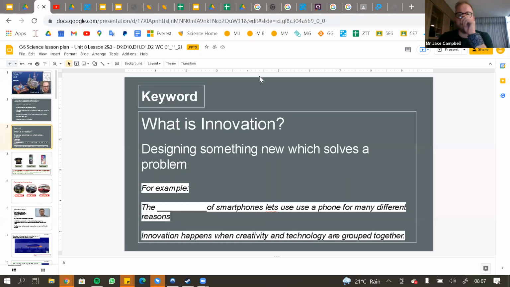Now, class, what we're going to do in today's lesson is we're going to look at an idea and do a bit of a case study. A case study is where we look at something someone is doing. So if you want a science case study, you can study Tesla, for example, and electric cars. You're studying everything about Tesla.